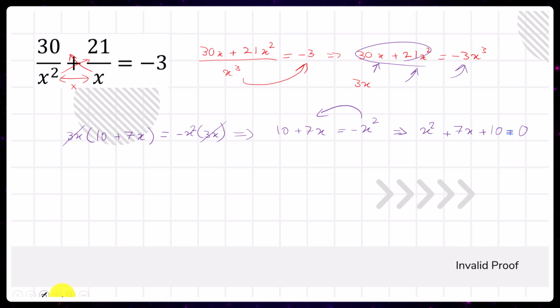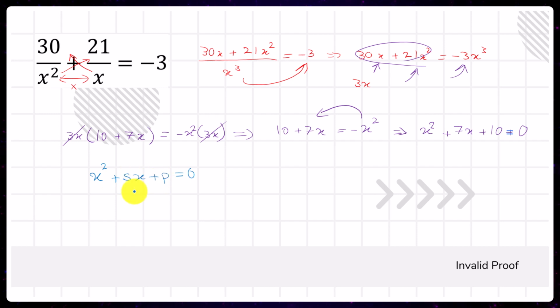The method that I use is like this. If you have an equation of degree 2 like this, x to the power of 2 plus sx plus p equals 0, here s and p are constant numbers.